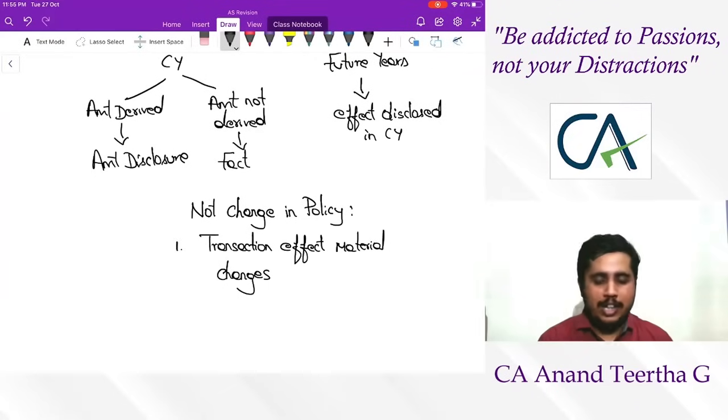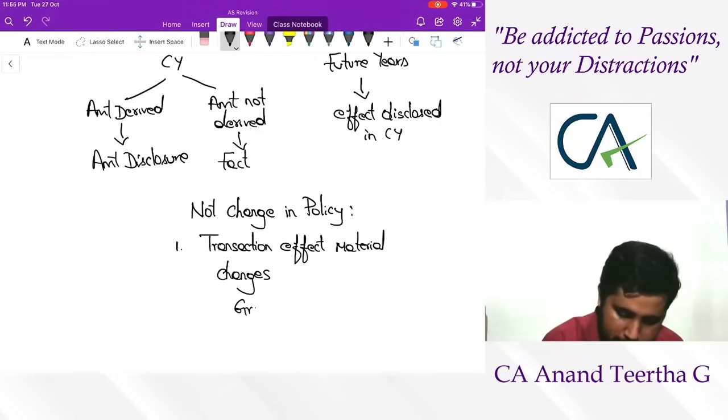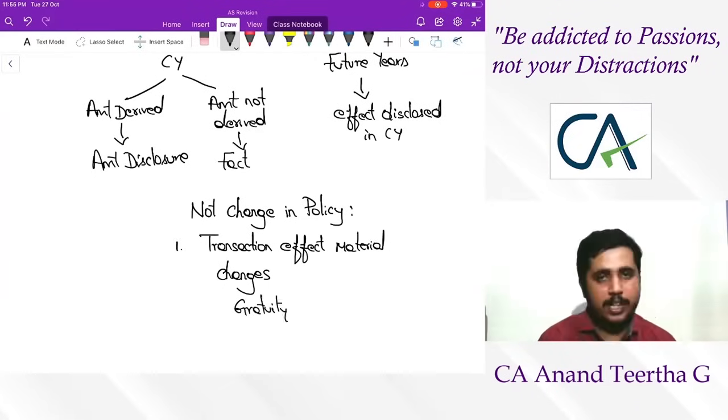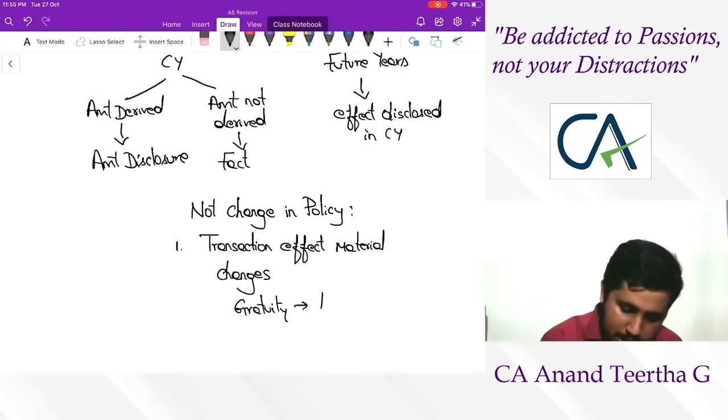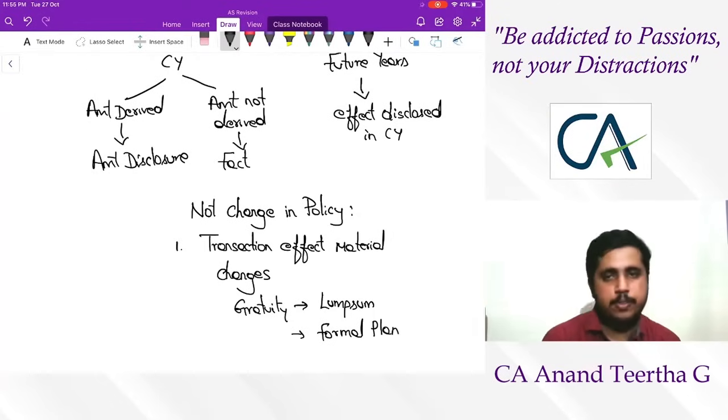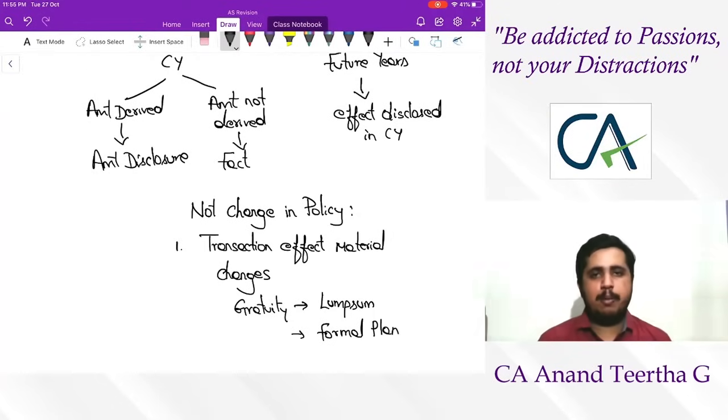Example, for gratuity purpose, this is the example given by the institute also. Gratuity or a simple lump sum payment used to be done before. Now you want to make it as a formal policy or formal plan. Simply a lump sum payment of say 10,000, 1 lakh, 10 lakh, something was given for your employees as gratuity when they are retiring. But now you make a policy saying how many years they have worked, how the payment will be made, at what time it should be made, etc. So what happened?